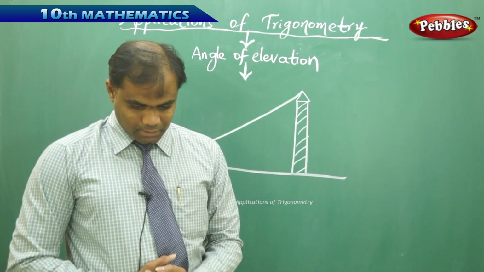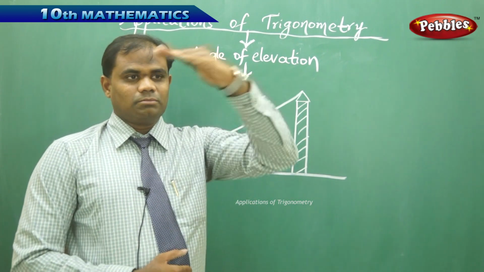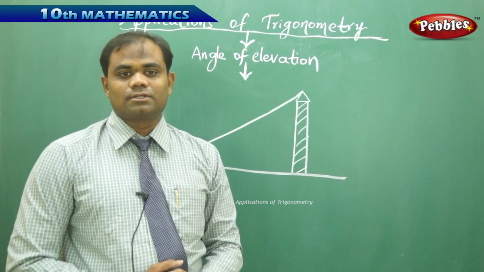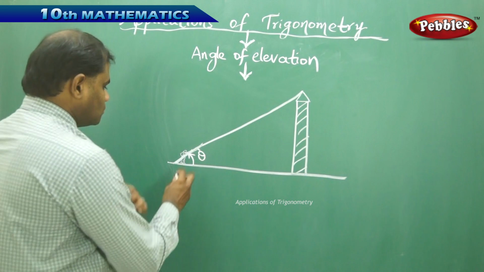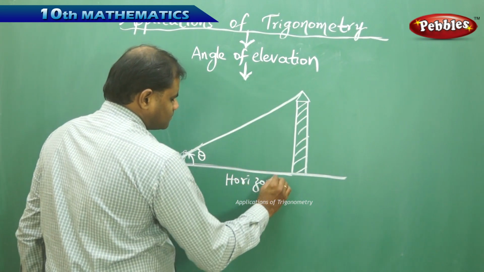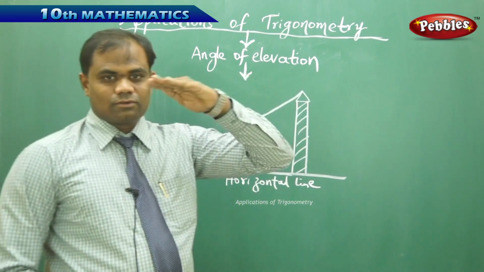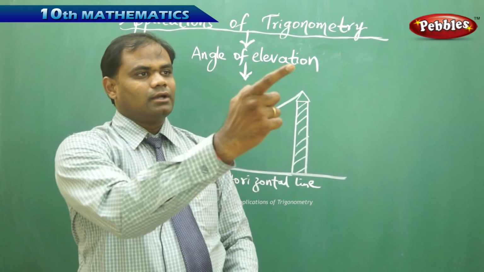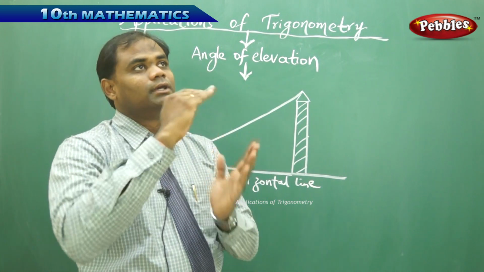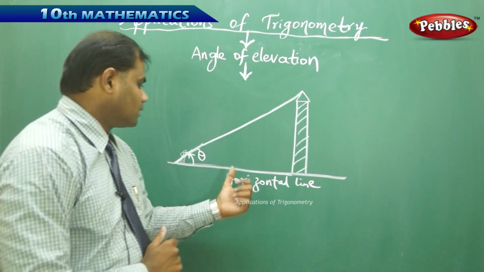If I see downwards, we call that angle of depression, which we're going to see in the next session. But from the horizontal line, if I just look upwards, then that is called angle of elevation. This is the horizontal line, which is taken as the base for watching straight, and from there whatever angle I raise upwards to see the top of the tower or the top of the building is called the angle of elevation.